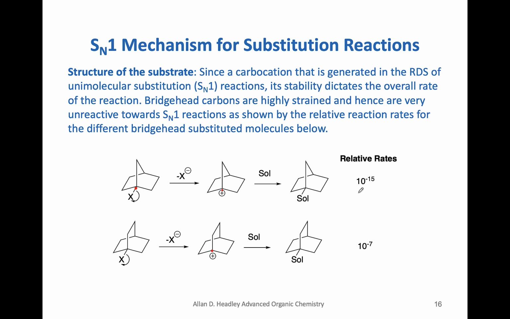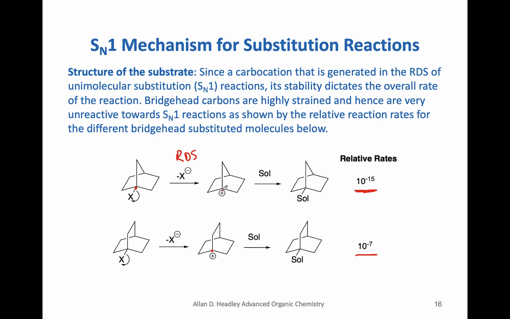But notice the rate of solvolysis, reacting with a solvent such as water. This is extremely slow, 10 to the minus 15, and this is extremely slow but a little faster, 10 to the minus 7. Can we explain that? One explanation is that this is the RDS right here, the formation of the carbocation.